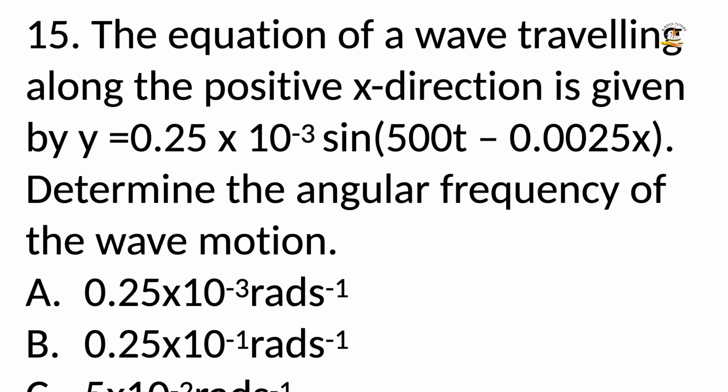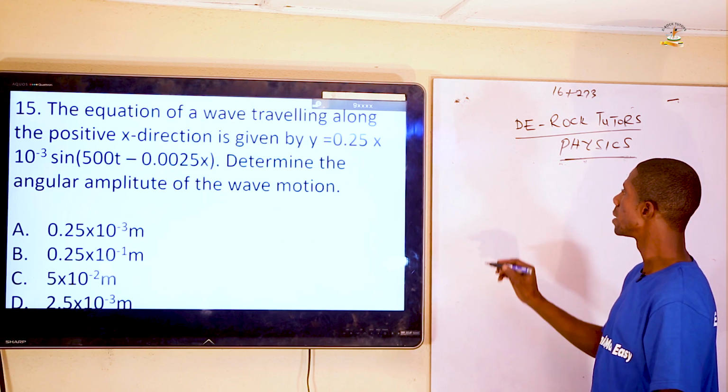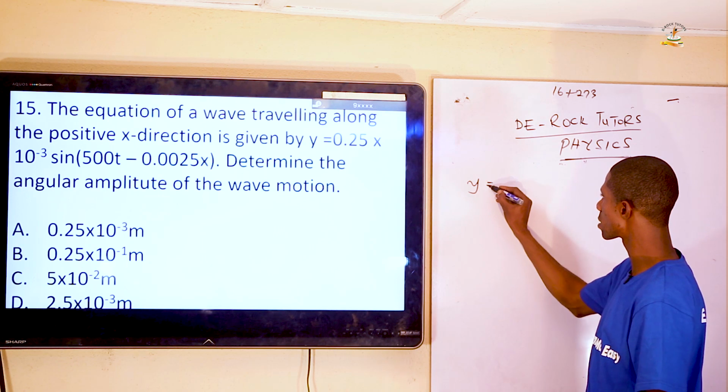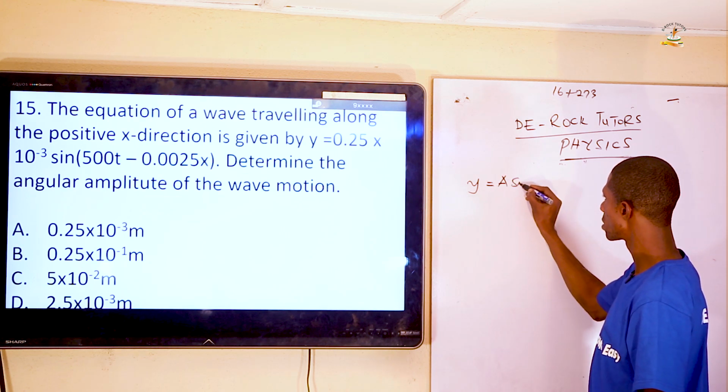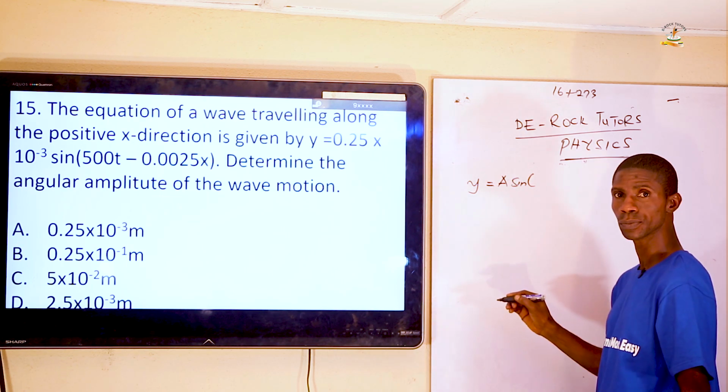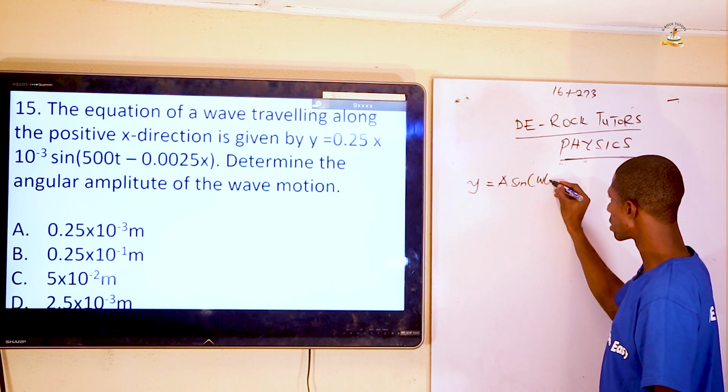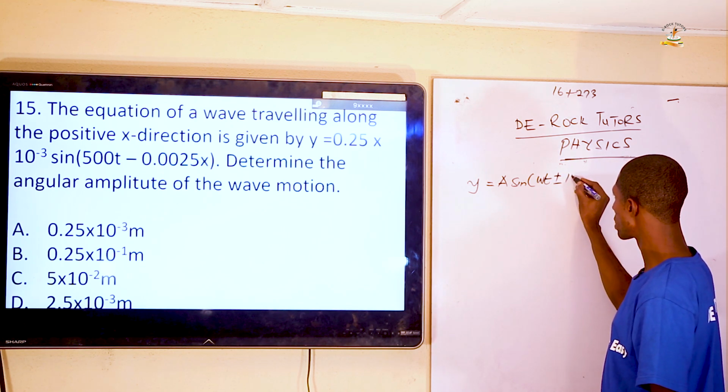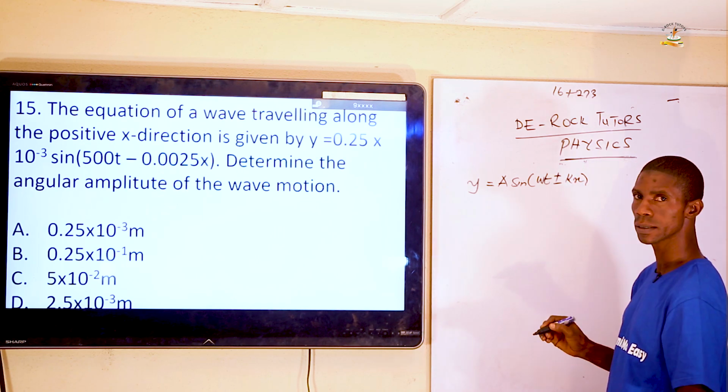For question number 15, the equation of a wave traveling along the positive x direction is given by the function 0.5 multiplied by 10 raised to the power minus 3 sine into 500t minus 0.025x. The same function can be represented as A sine of (wt plus or minus kx).